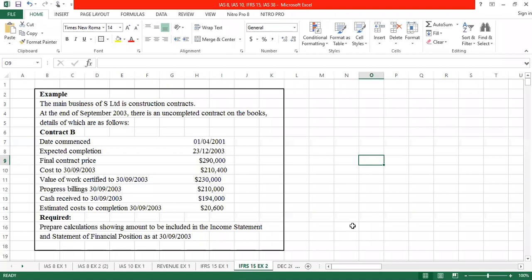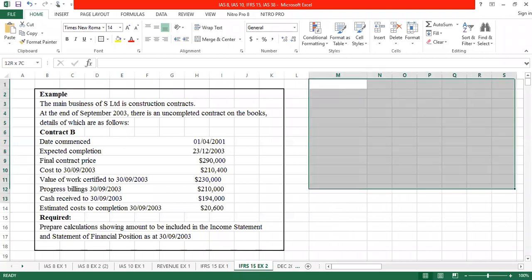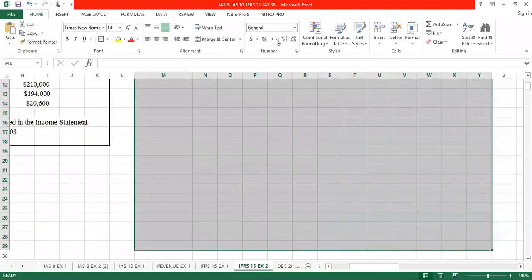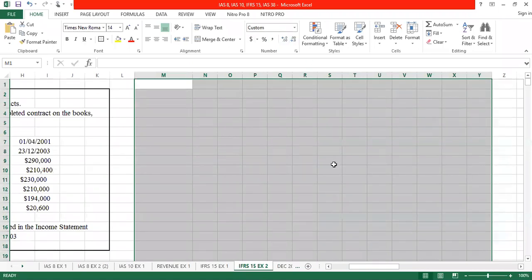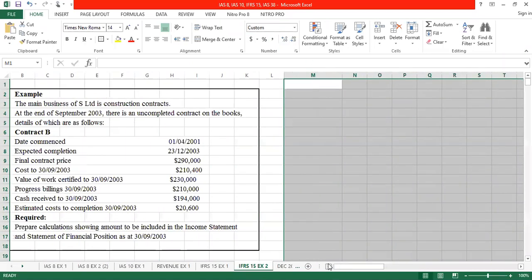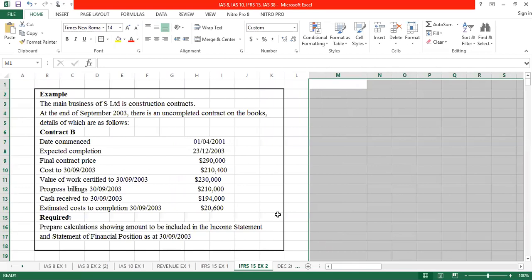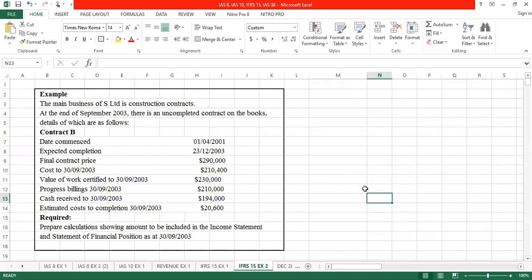So the question reads, the main business of S Limited is construction contracts.